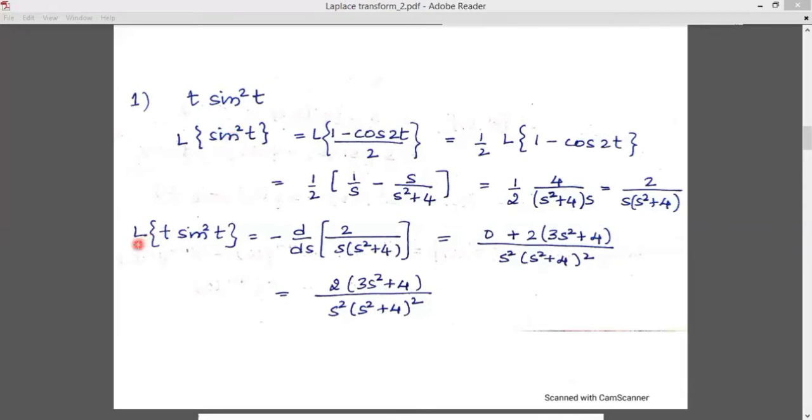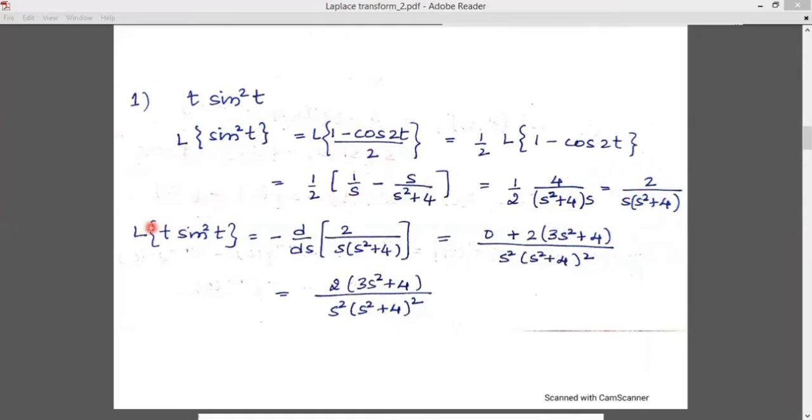So the Laplace transform of t into sine square t will be minus d by ds of this Laplace transform. In the last video, we proved that the Laplace transform of t into f of t is minus d by ds of f of s. Here f of s is 2 by s into s square plus 4.